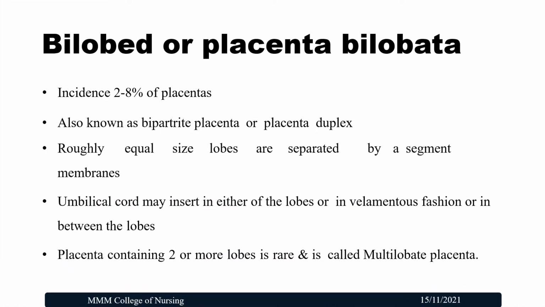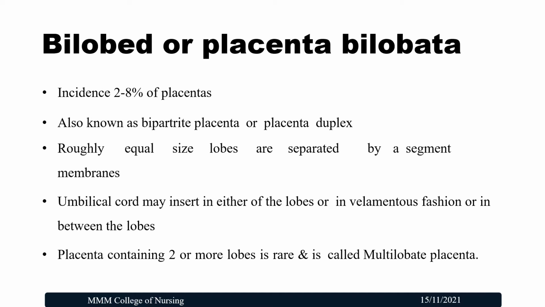The first placental abnormality is bilobed placenta or placenta bilobata. Incidence is 2 to 8% of placentas. It is also known as bipartite placenta or placenta duplex. Rarely, the placenta may develop as two separate, nearly equal-sized discs. The umbilical cord is attached to a connecting chorionic bridge or to an intervening membrane between the two placental lobes.